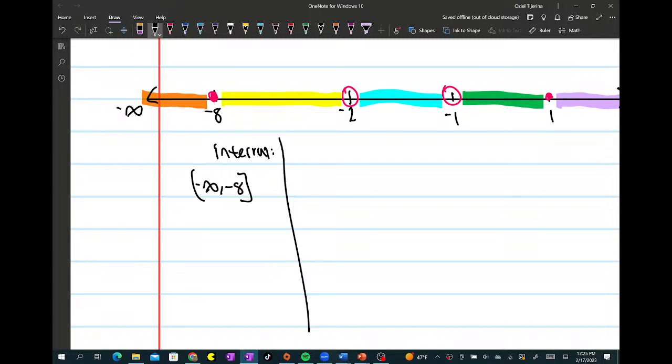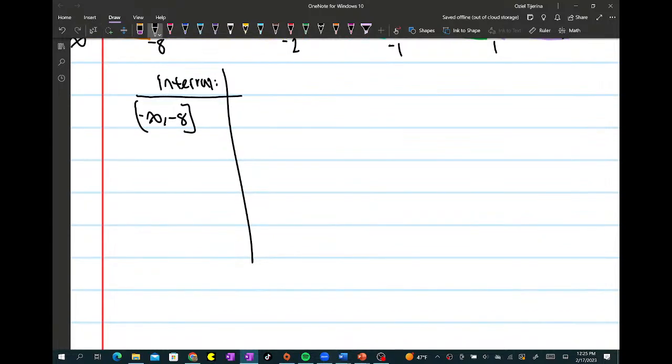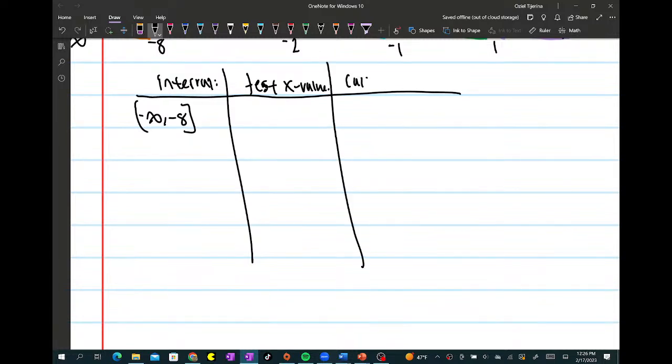And so that's the interval for that. And then it goes from negative 8 to negative 2, so I'll put the interval and then the test x value, and then the calculation.